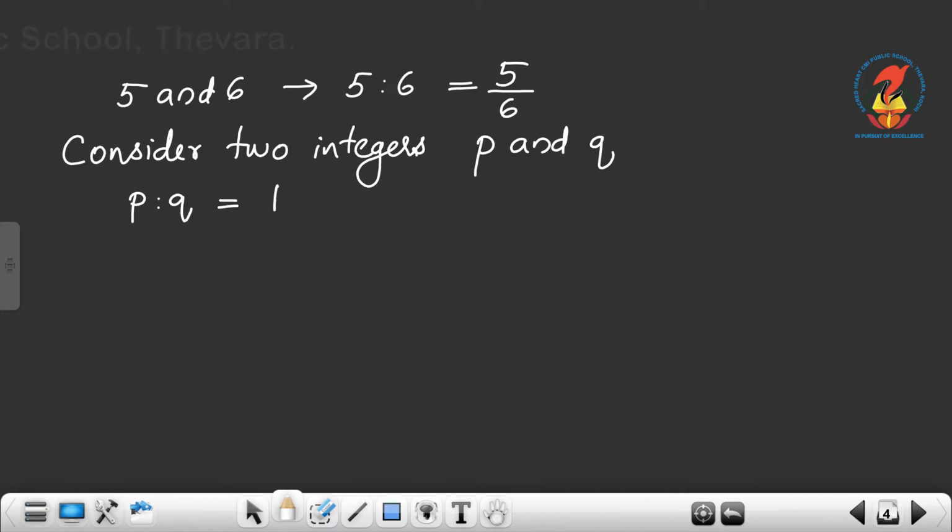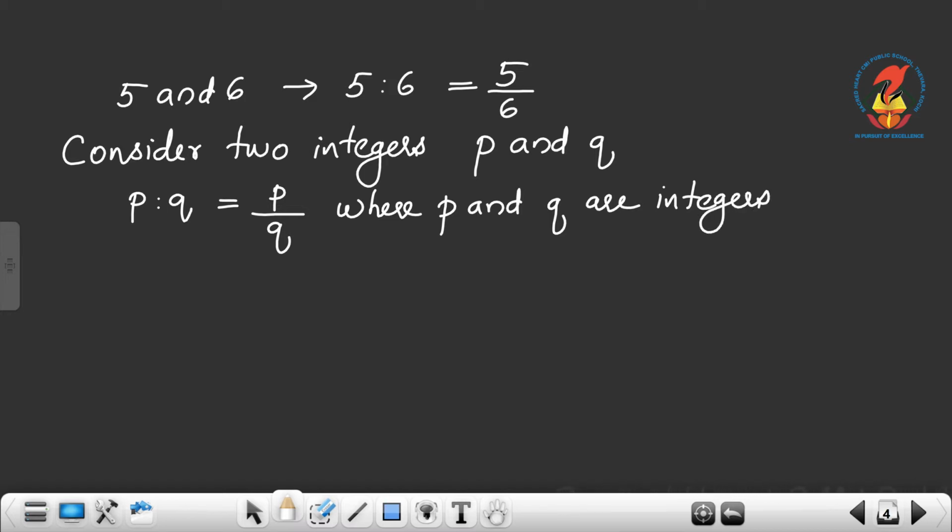And P:Q can be written as P by Q, where P and Q are integers. And we have one more condition, Q is not equal to 0.